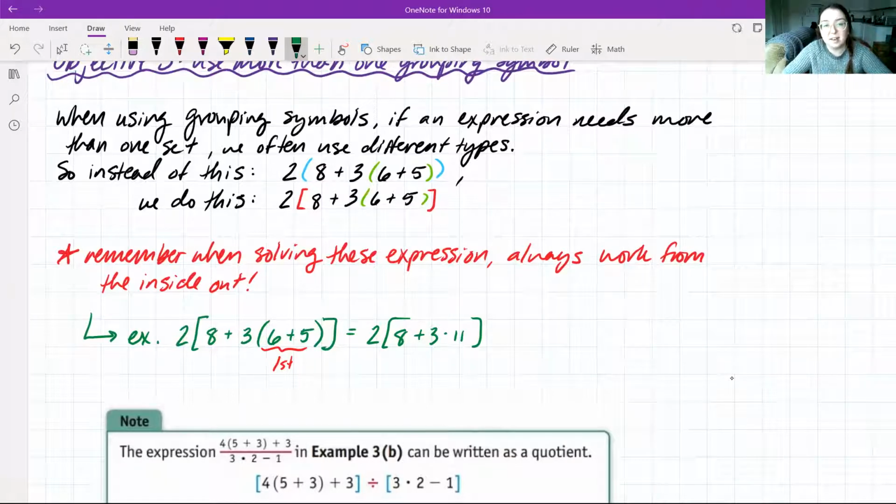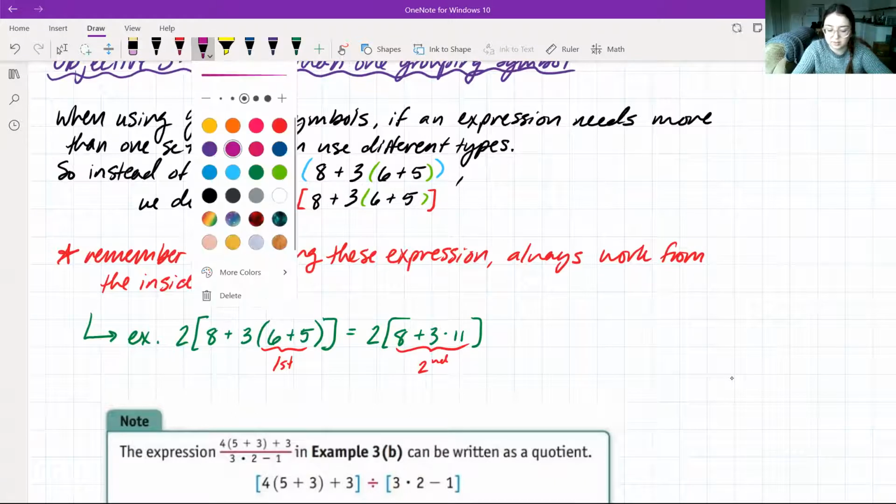So we have another set of grouping symbols here. So, like our order of operations says, whenever we have grouping symbols, we always want to deal with those first. So now our second step here is going to be solving what's inside of our brackets.